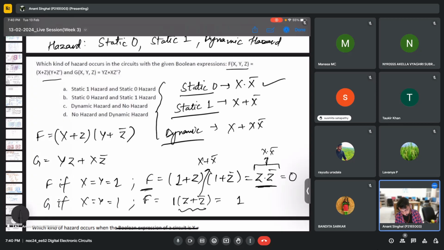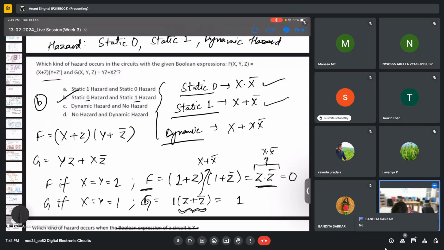And for G, we have a term Z plus Z complement, so a static 1 hazard can occur. So for F we have static 0, and for G we have static 1. So option B will be the correct answer. Is there any doubt? Please let me know if it is clear.